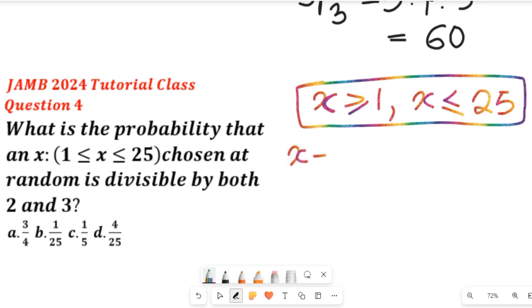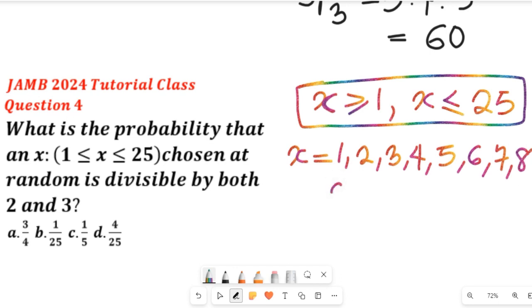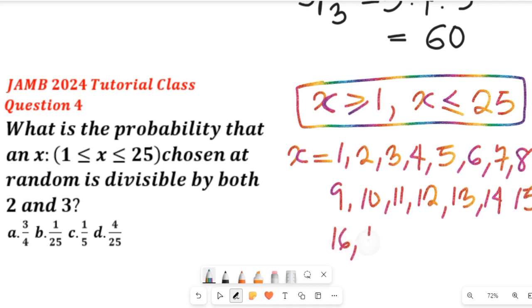If we want to write out the values of x, they will be 1, 2, 3, 4, 5, 6, 7, 8, 9, 10, 11, 12, 13, 14, 15, and here we'll have 16, 17, 18, 19, 20, 21.